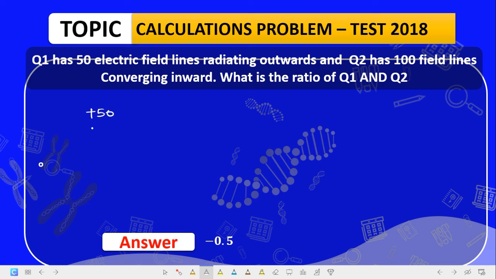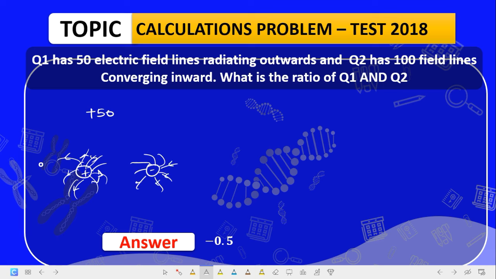Positive 50, because we said the positive charges are the ones that do what? That radiate outward. Positive charges, they radiate outward. You see them indicated like this. Okay, positive charges radiate outward, while the negative charge does what? Radiate inward. Okay, negative charges radiate inward.